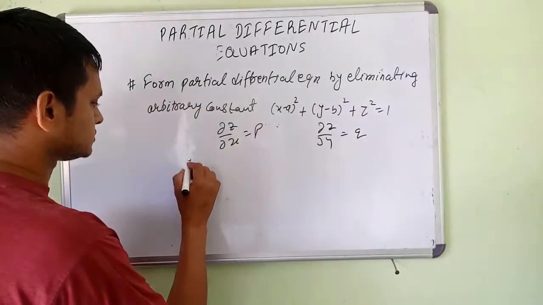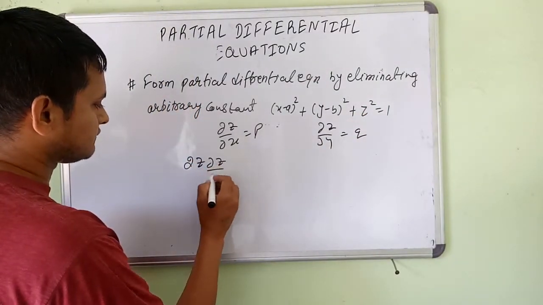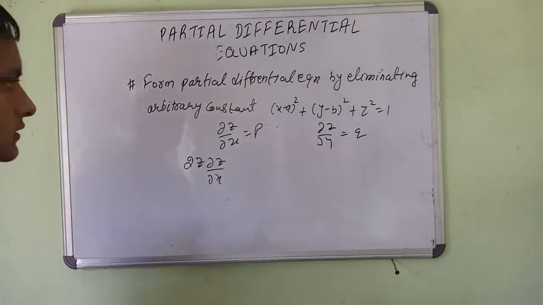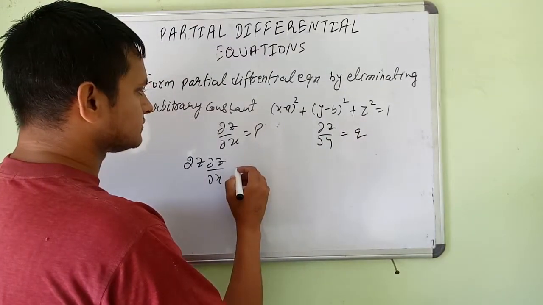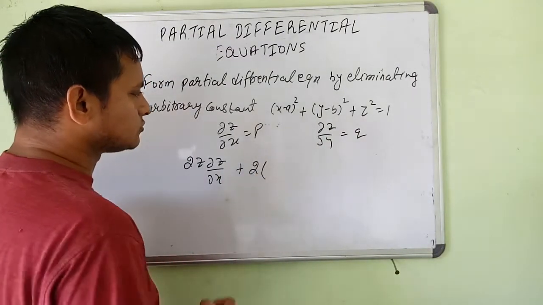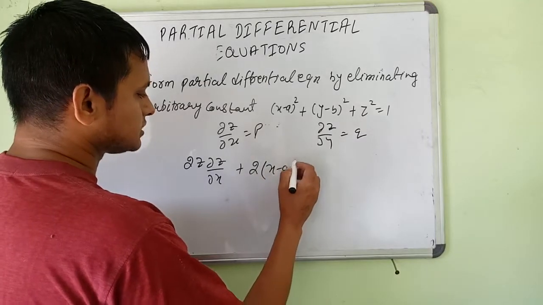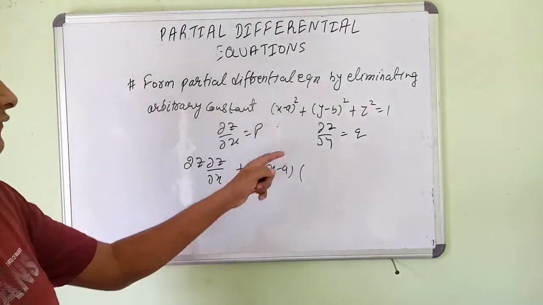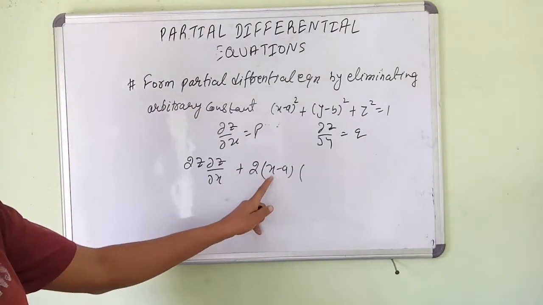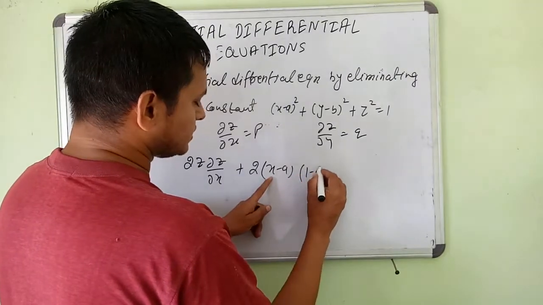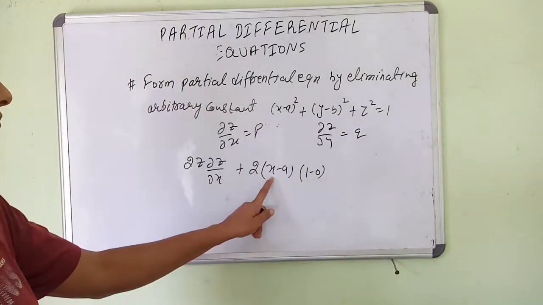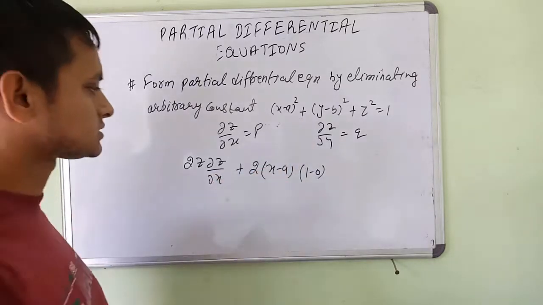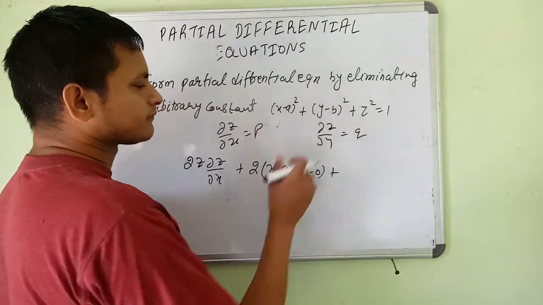Now it is 2z partial z by partial x. First we are partially differentiating with respect to x, then plus 2 will jump down and x minus a, 2 minus 1 is 1, and again differentiation of x minus a: differentiation of x is 1 minus 0, because we are differentiating with respect to x, plus b.